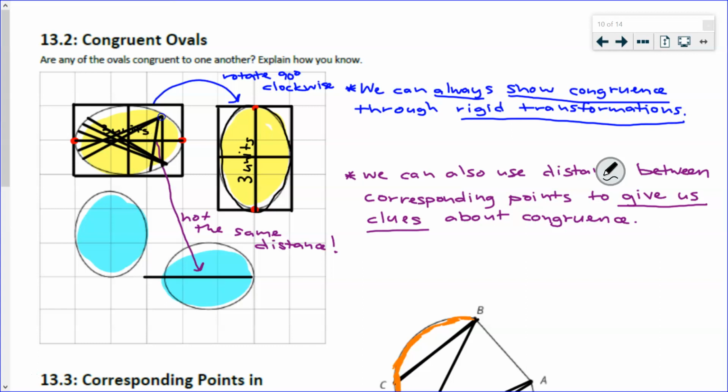And so that's why I want you to understand what we wrote in purple, that we can just use that corresponding distance to give us clues. Just like this distance here gave us a clue that yellow and cyan were not congruent. But we don't want to have to go through that process and prove every single length is the same. It would be too tedious. So the best way to still prove congruence is with that rigid transformation.